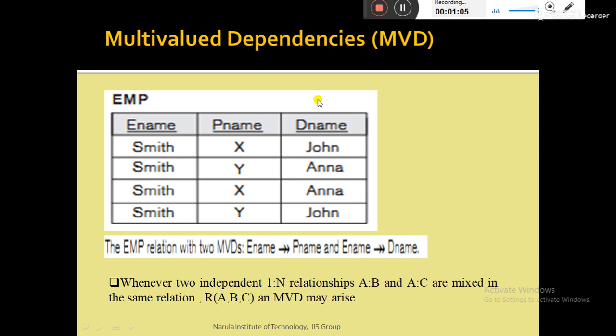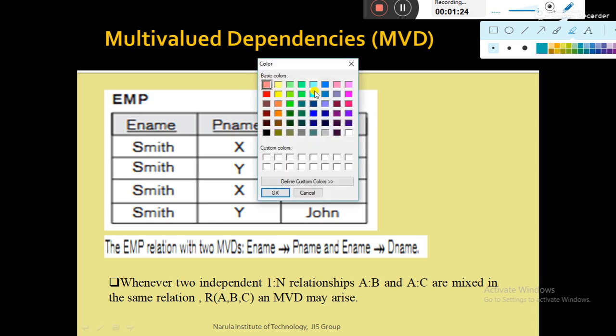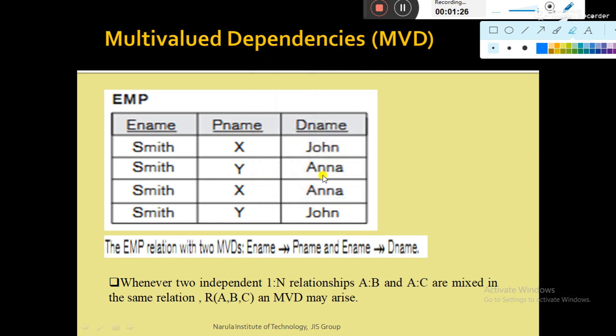So to start with multi-value dependency, as I have mentioned, multi-value dependency is in short known as MVD. But before discussing MVD, just recap what is functional dependencies. Let me draw how to represent the functional dependency in relational database.